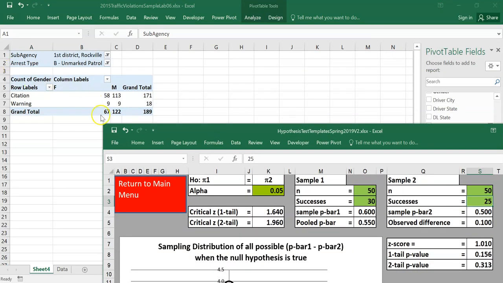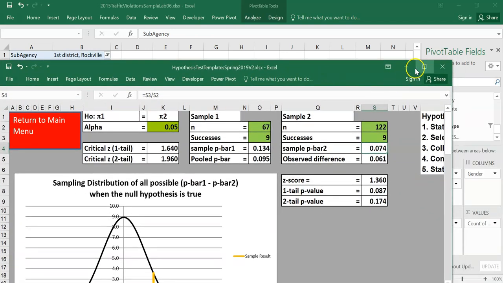So females, there were a total of 67. And 9 of them got warnings. Male, there were 122. And also 9 of them got warnings.